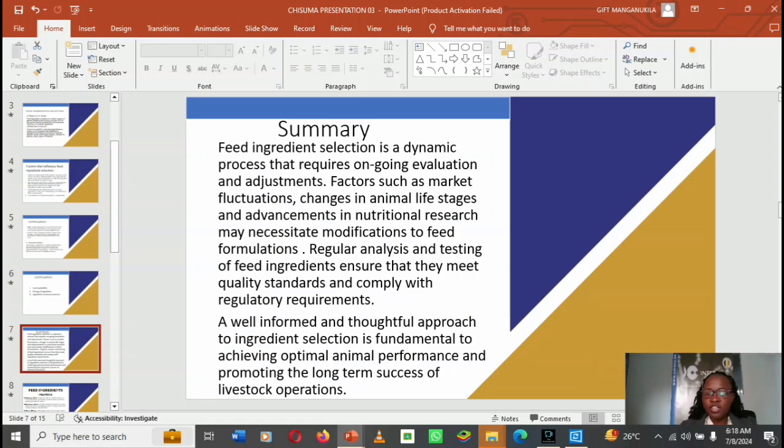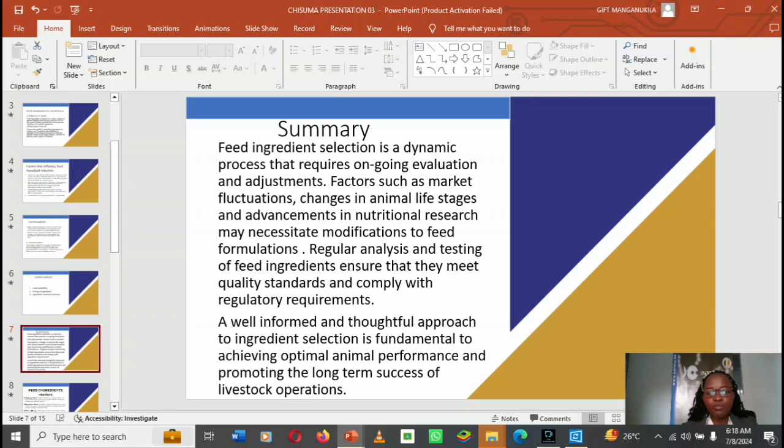Feed ingredient selection is a dynamic process that requires ongoing evaluation and adjustments. Factors such as market fluctuations, changes in animal life stages, and advancements in nutrition research may necessitate modifications to feed formulations. Regular analysis and testing of feed ingredients ensures that they meet quality standards and comply with regulatory requirements.